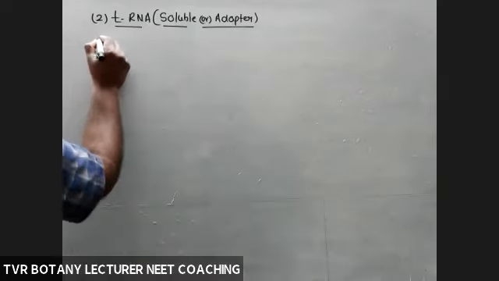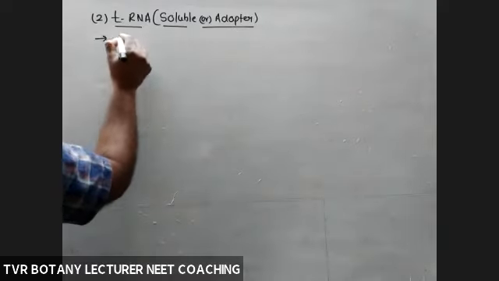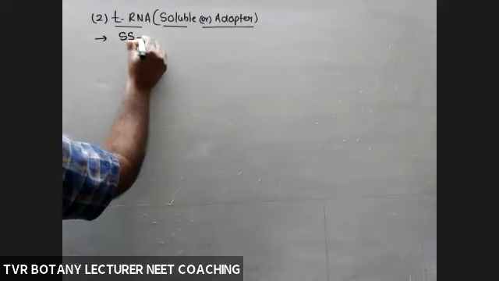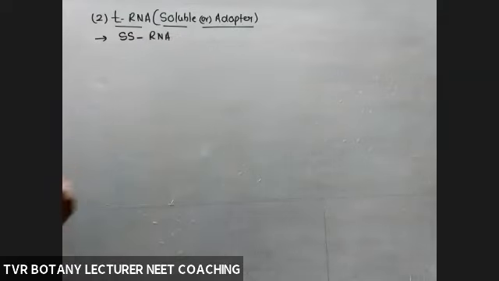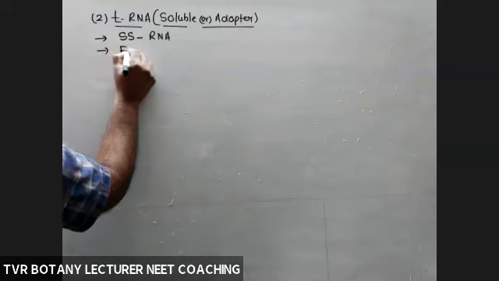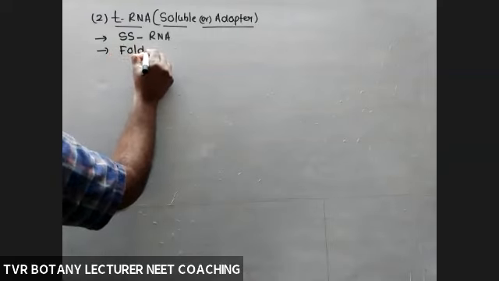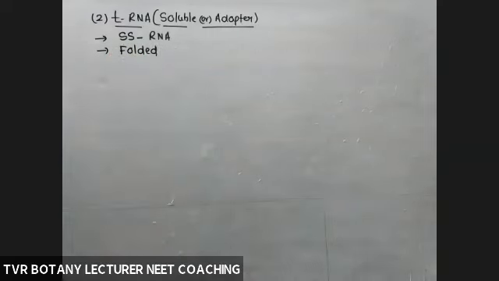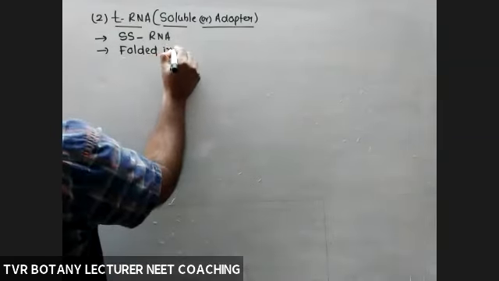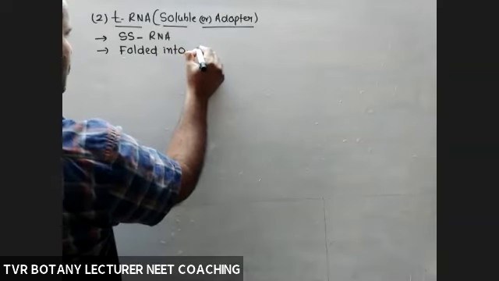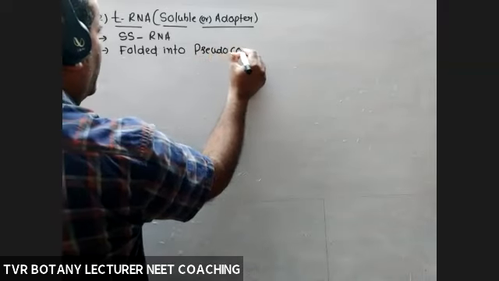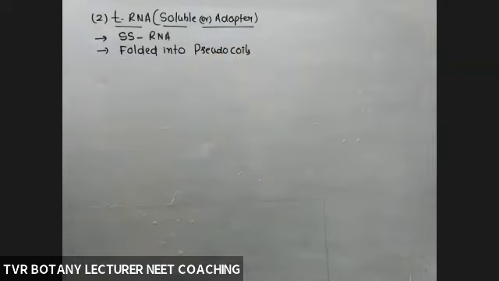So what about a description for tRNA? It is a single-stranded RNA molecule, folded into pseudocoils. Pseudocoils are present.